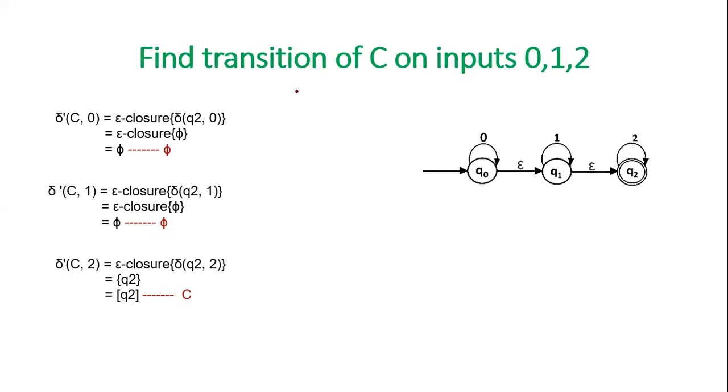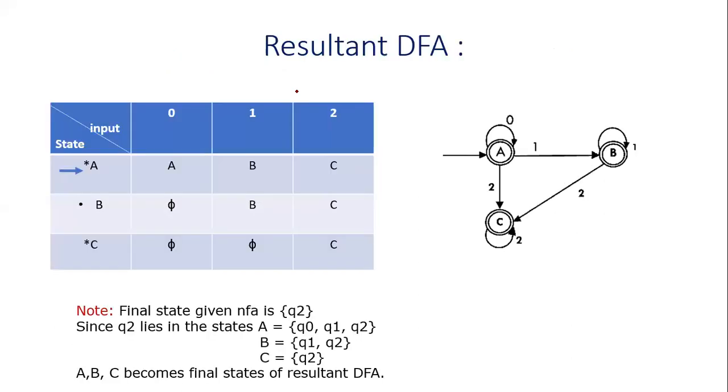What is the next step? We have to draw the transition table and diagram, right? This is the transition table and this is the transition diagram. A is the initial state. So we have to mark that particular state with an arrow and fill the values from the transition. A comma 0 is null, and so on for A, B and C. How can we calculate the final state? The final state of the given input diagram is nothing but Q2.